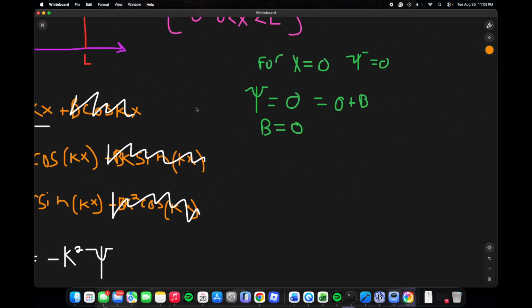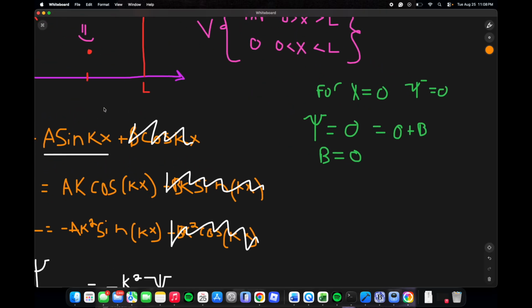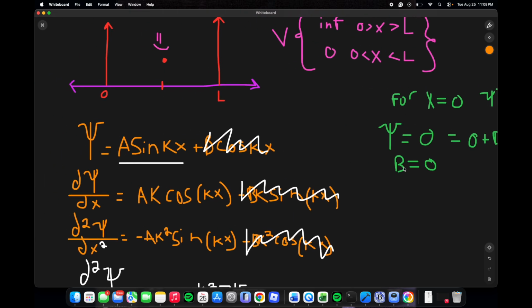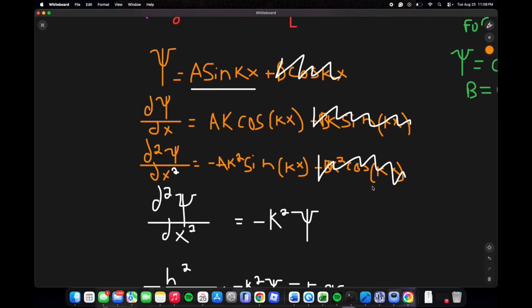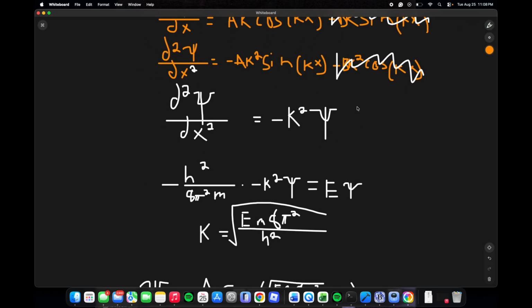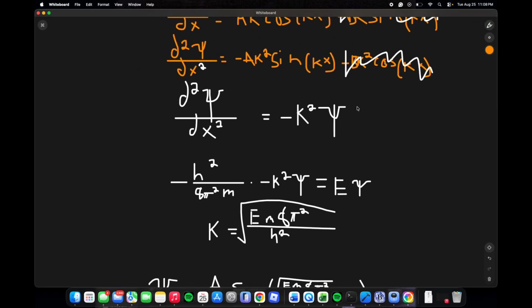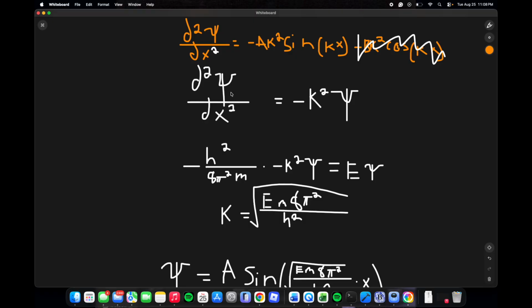We understood that we could simply cross out B, because at x equals 0, the wave function is 0, which implies that if we plug it into the wave function, B is equal to 0. It takes care of B. And then we did some math to find what k was by substituting in the second order derivative.